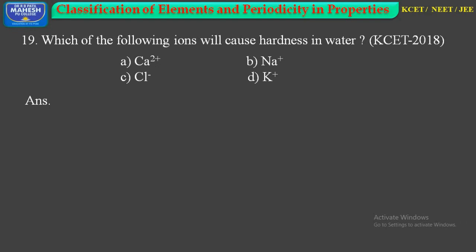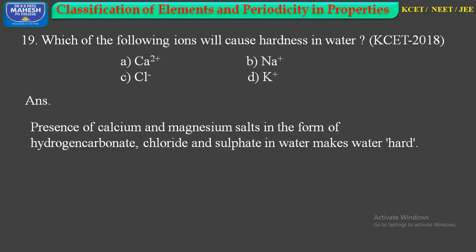So it is having either calcium hydrogen carbonate or magnesium hydrogen carbonate, or calcium chloride, magnesium chloride, calcium sulfate or magnesium sulfate. So all these 6 salts make the water hard. So students, in this case calcium is the cation which is responsible. So option A is the right answer.